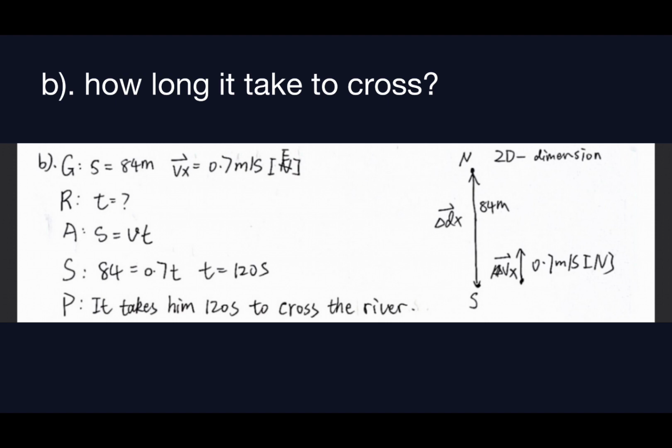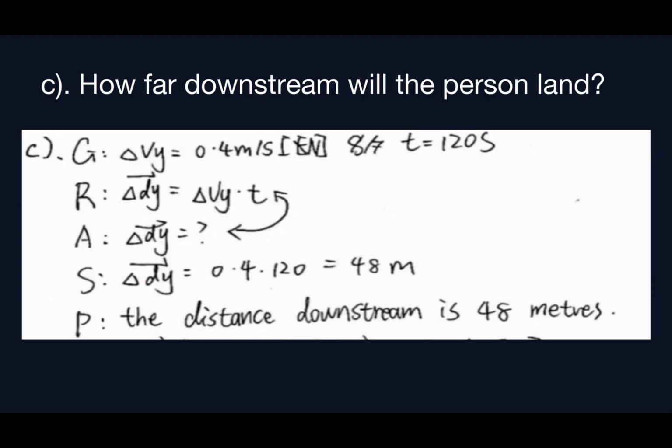I just made some mistake on writing, okay? So in the north and south direction, it's the vertical component of displacement, and 0.7 meters per second pointing north is the vertical component of the velocity, so that we can do the calculations by that.